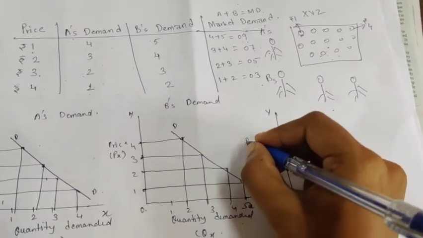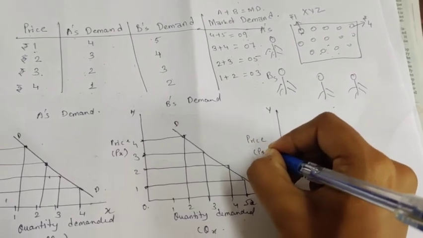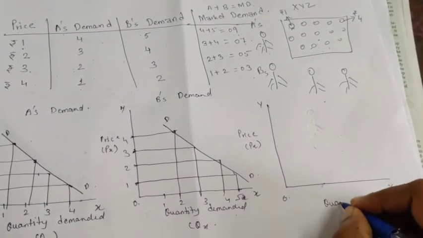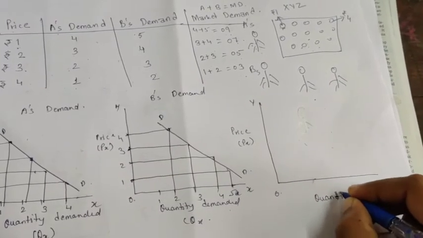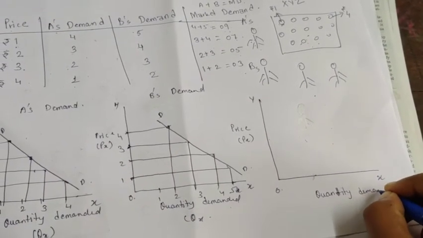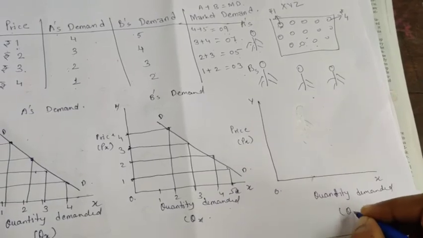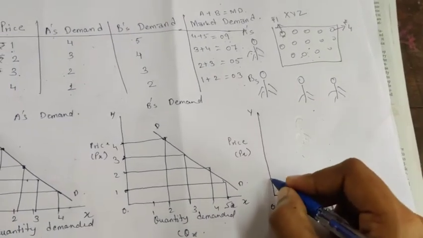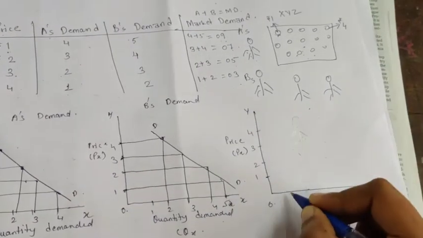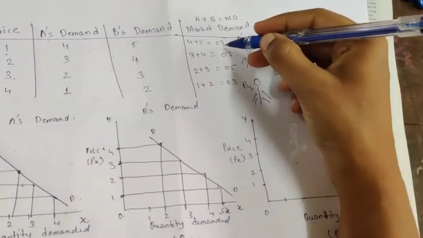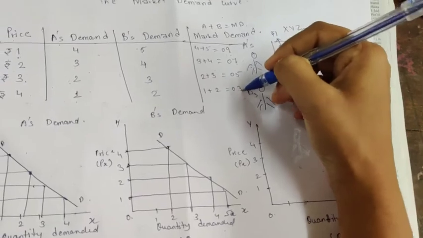On Y-axis we have price, that is PX. Then quantity demanded, or you can say market demand, quantity demanded by all the buyers, QX. Same thing, 1, 2, 3, 4 for price. Then over here it is 9, 7, 5, 3.